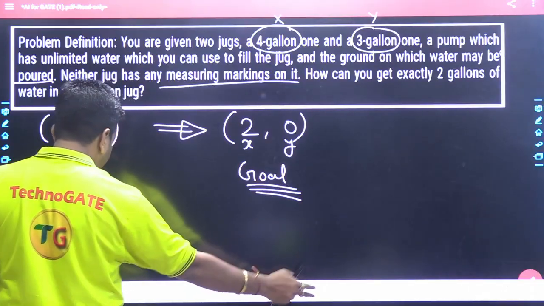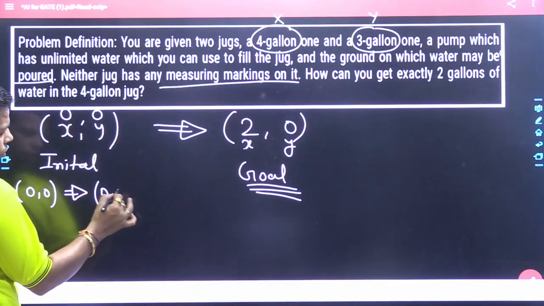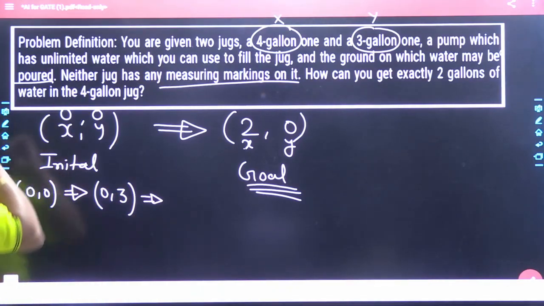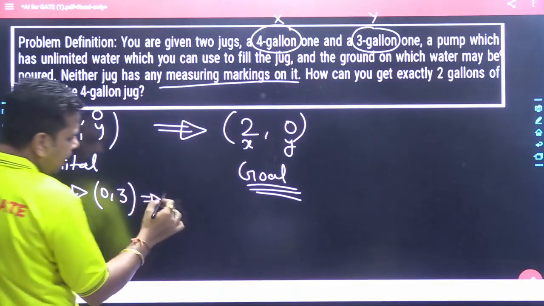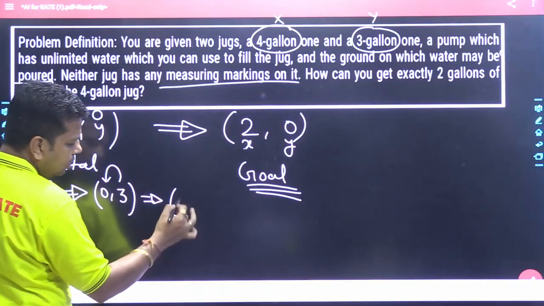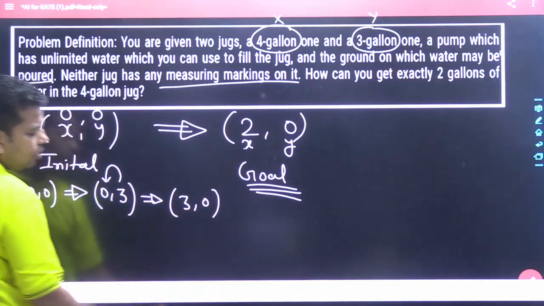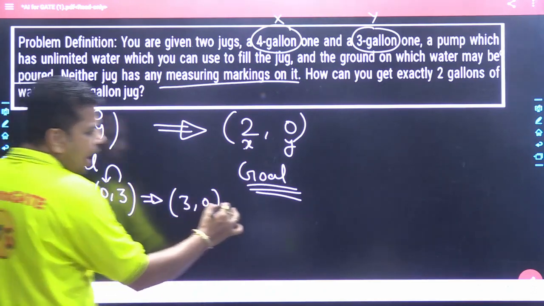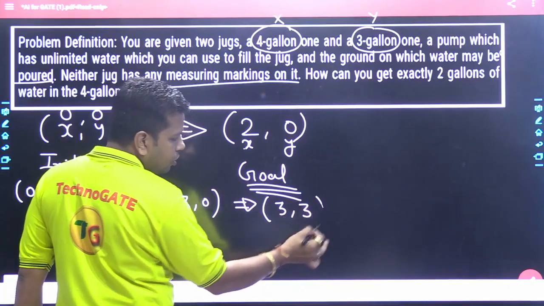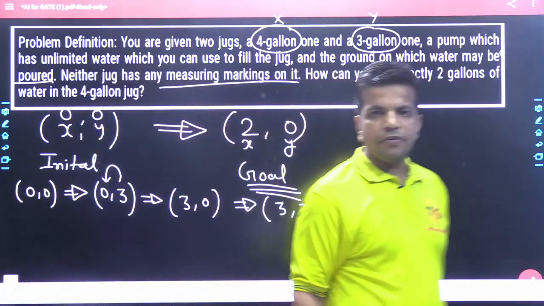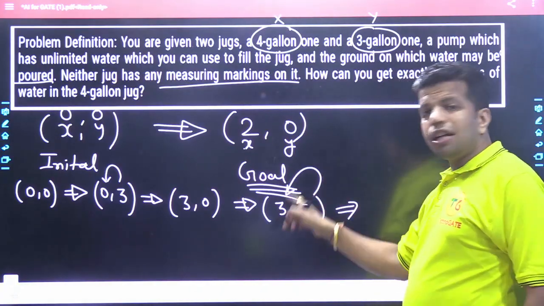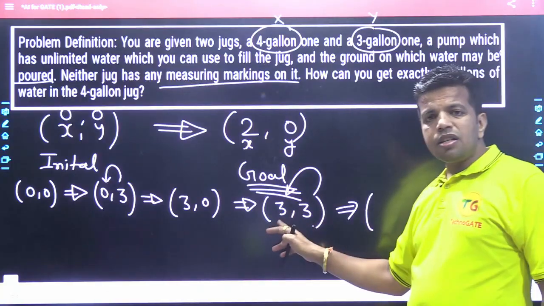So let's do one thing. First of all, I am going to fill the second jug. Now I am transferring this 3 liter water from this jug to that jug, so it looks like 3, 0. Now I am again going to fill the second jug, so this becomes 3, 3. Now I am transferring 1 liter of water from this jug to that jug, because this size is 4 and this size is 3.